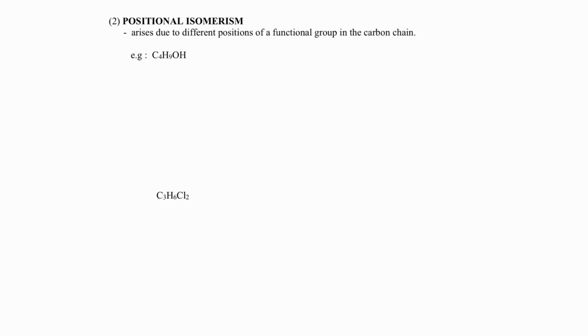Next, we will go into positional isomers. For positional isomers, the isomers will have different structural formula with different positions of the functional group in the carbon chain. For example, we have here an alcohol.